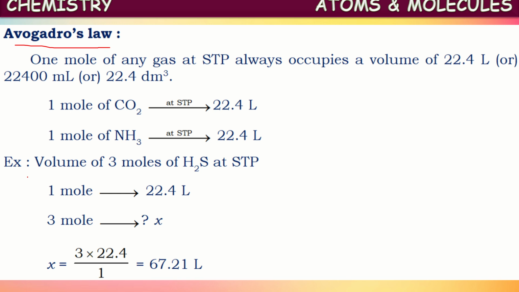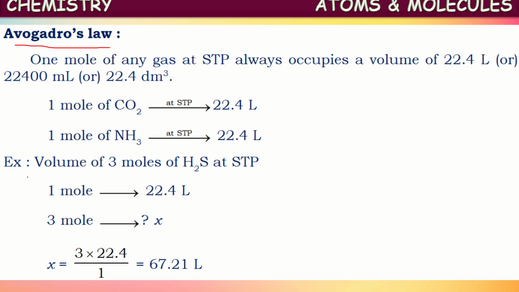That means 1 mole of hydrogen gas, 1 mole of nitrogen gas, 1 mole of oxygen gas, under the same conditions of temperature and pressure, these three gases contain the same number of molecules in 22.4 liters. That means equal volumes of the three gases contain an equal number of particles at STP conditions.